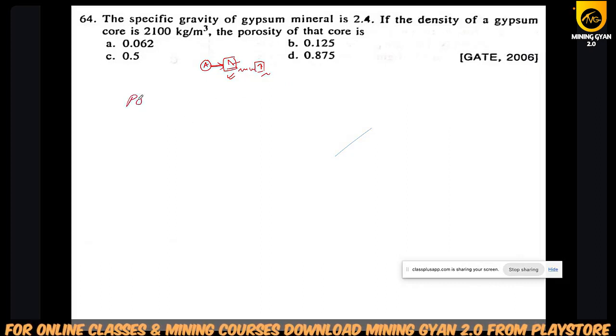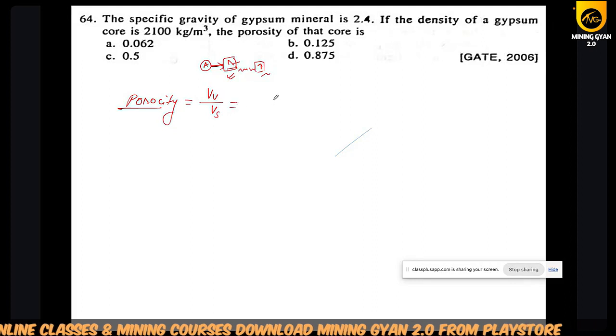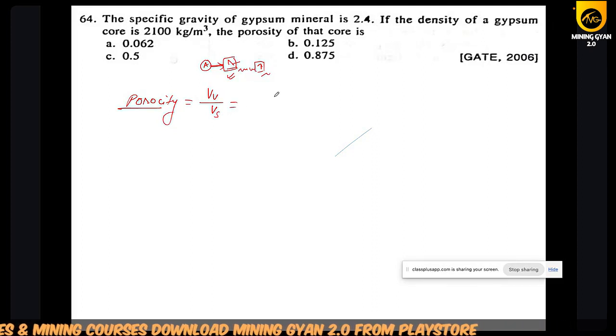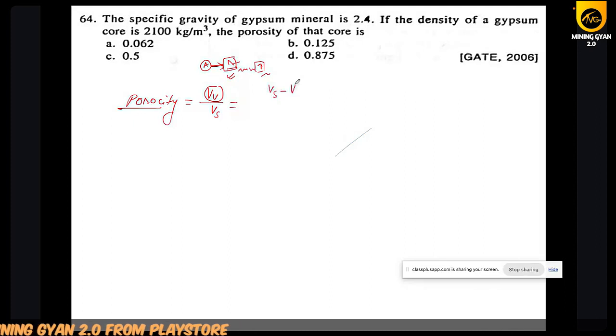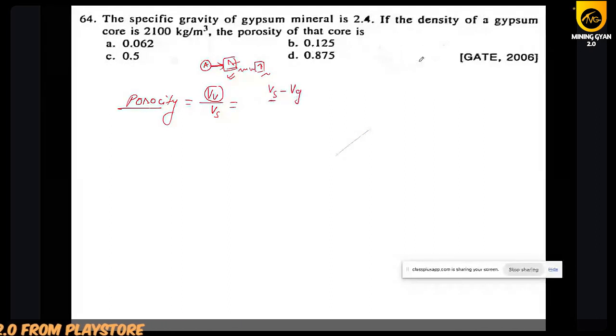So porosity, they can ask you what is the formula of porosity. They can ask what are the terminologies in the formula. We will see those formula-based theory questions also. Porosity, everybody knows, is volume of void divided by volume of sample. Volume of void, you can also write as volume of sample minus volume of gypsum. Suppose this is the sample, and some pores will be there.